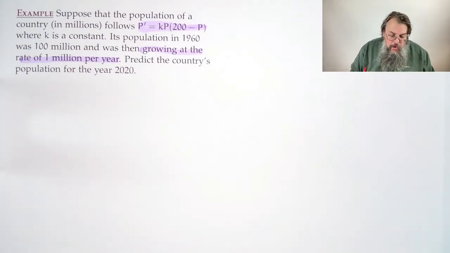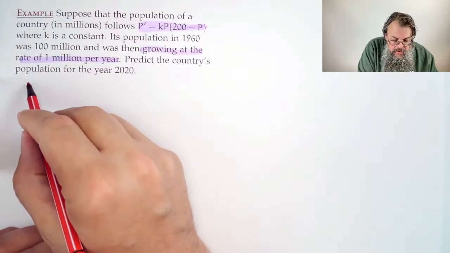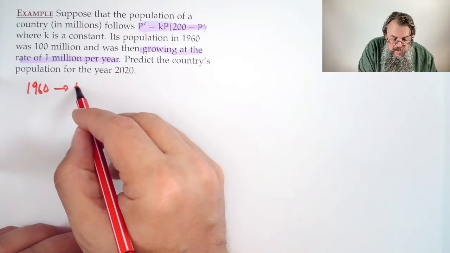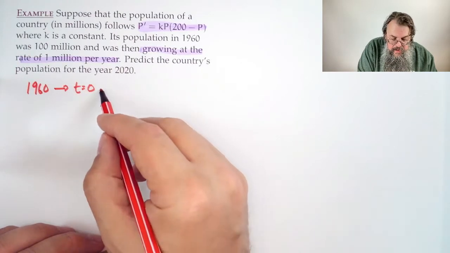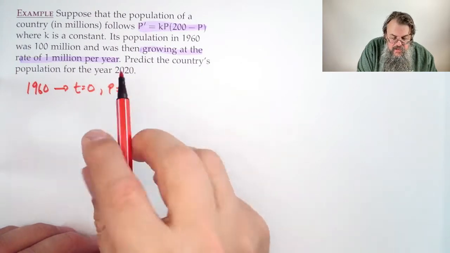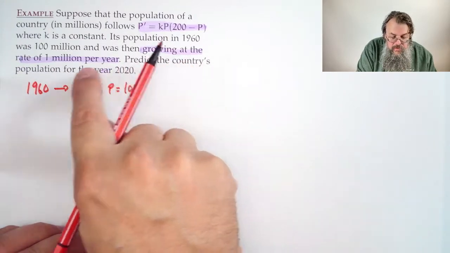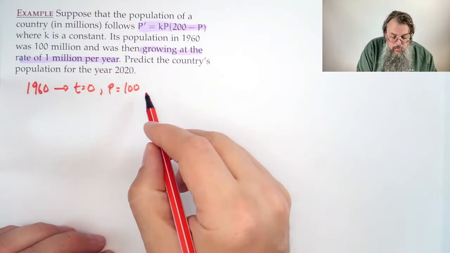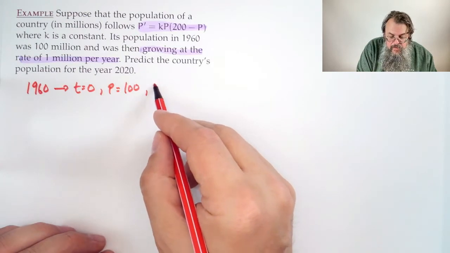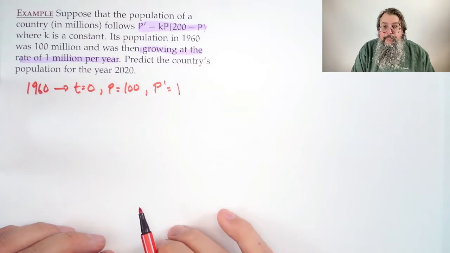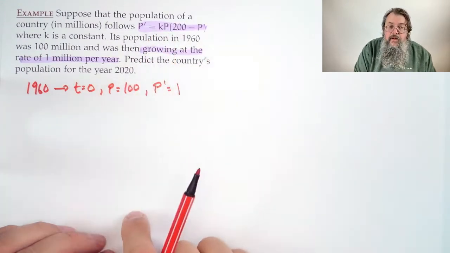Okay, what's going on? Well, let's think of 1960 as t equals 0, and our population is 100. Since we know the rate is 1 million per year, we can say that p prime is 1. So now, plug it in.